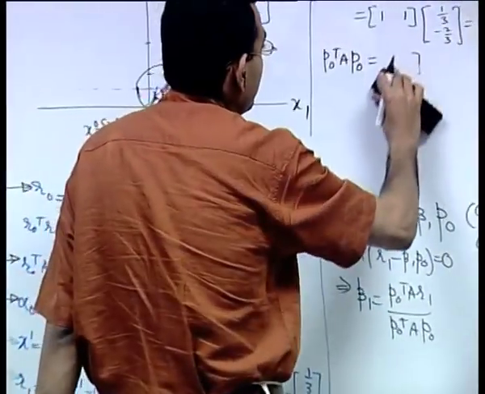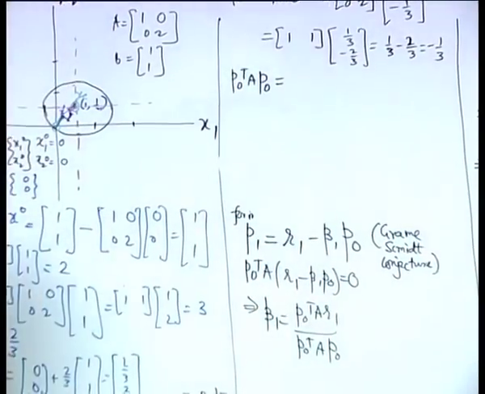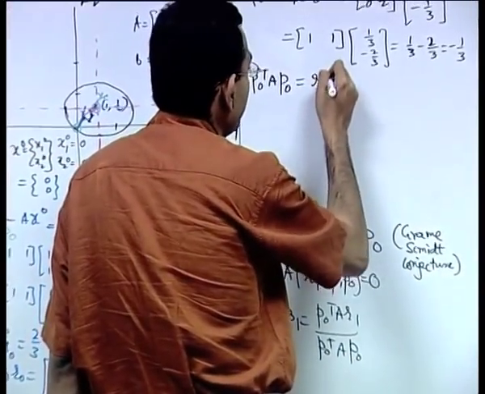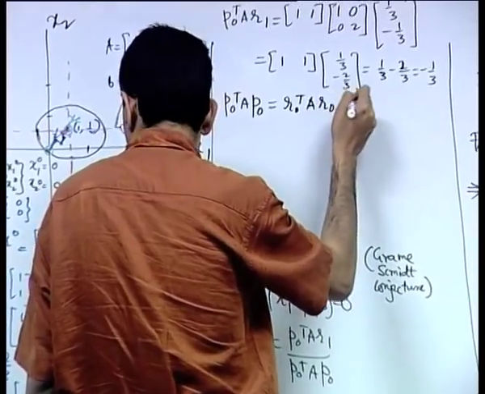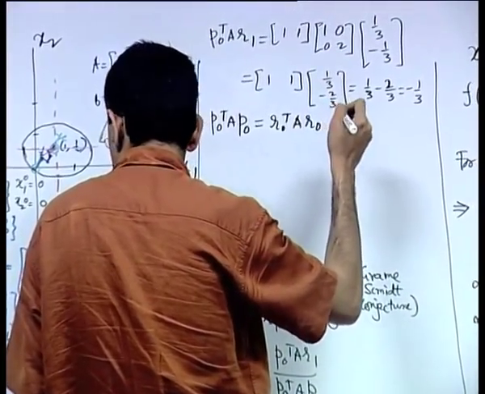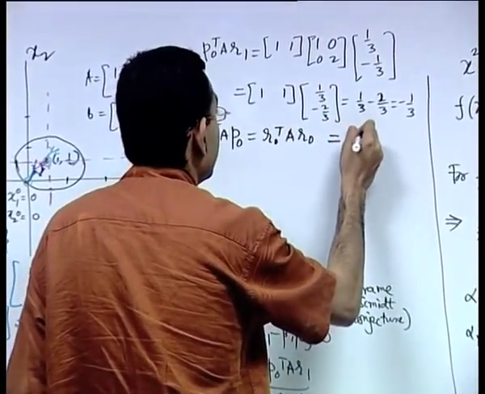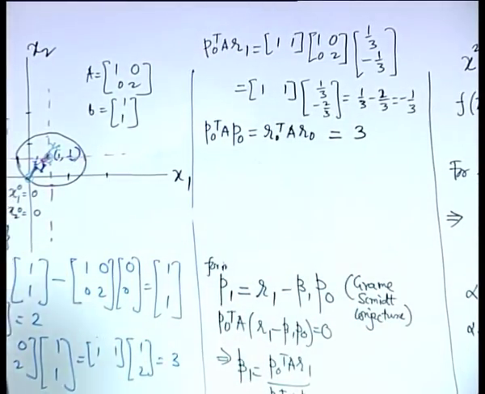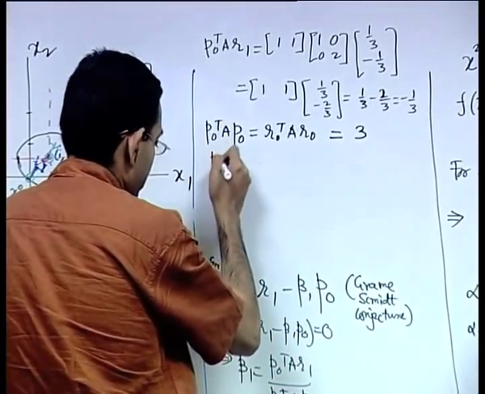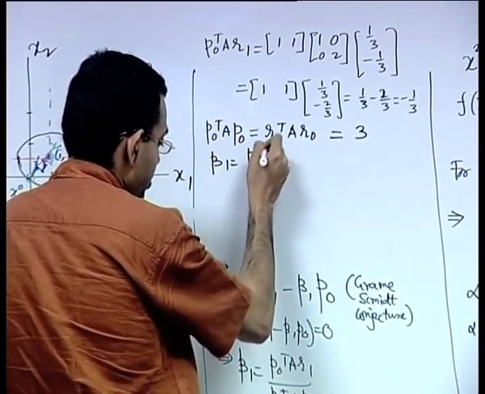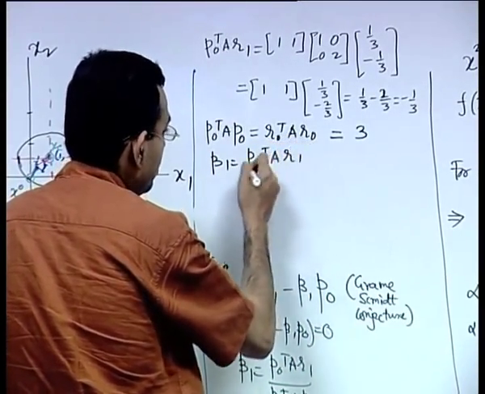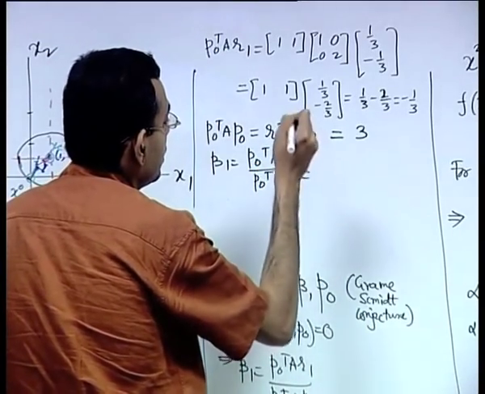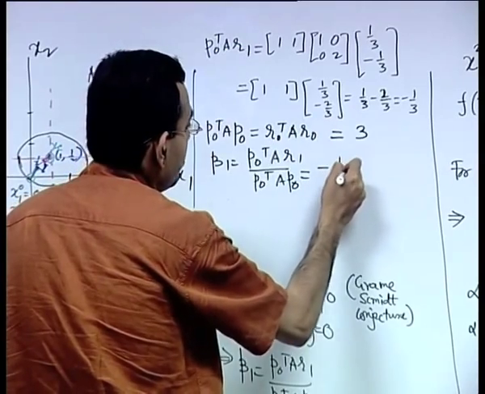So let us not waste any time calculating it. So this is the same as R0 transpose A R0, for which we have the result already as 3. So beta 1 is equal to P0 transpose A R1 by P0 transpose A P0, which is equal to minus 1 by 9.